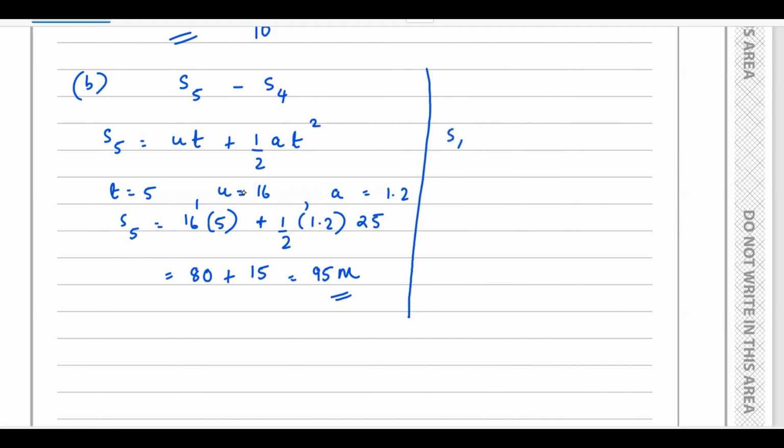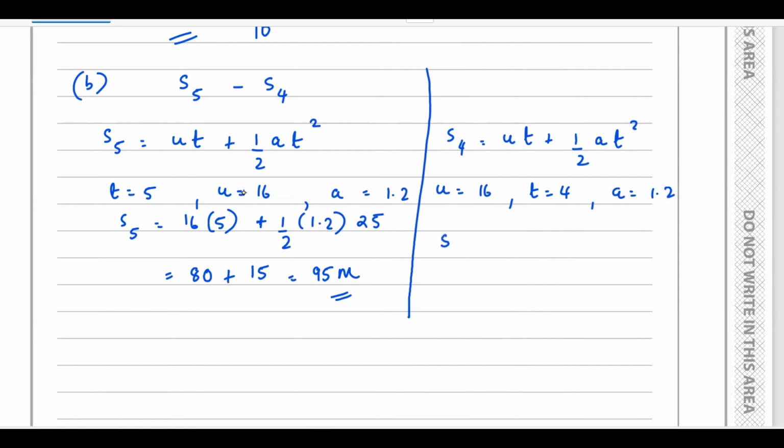So for the distance traveled by the particle in the first 4 seconds, again we'll use S equals ut plus half a t squared. So u remains the same initial velocity, that is 16. T now is for the first 4 seconds, so t is 4. And acceleration, since it's a constant acceleration, remains the same, 1.2.